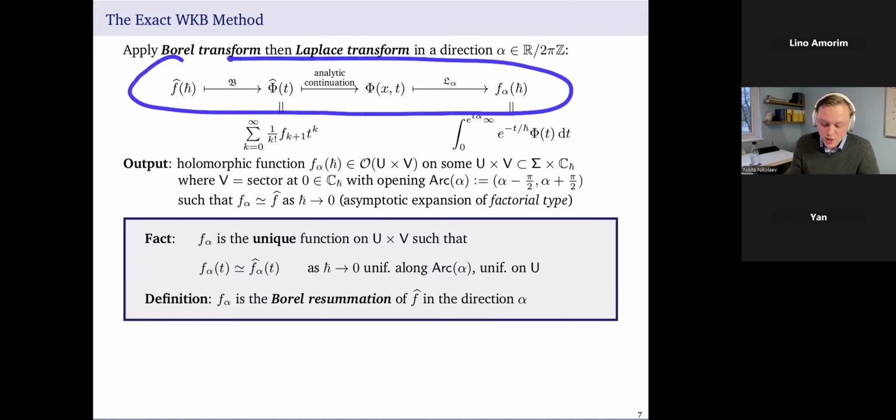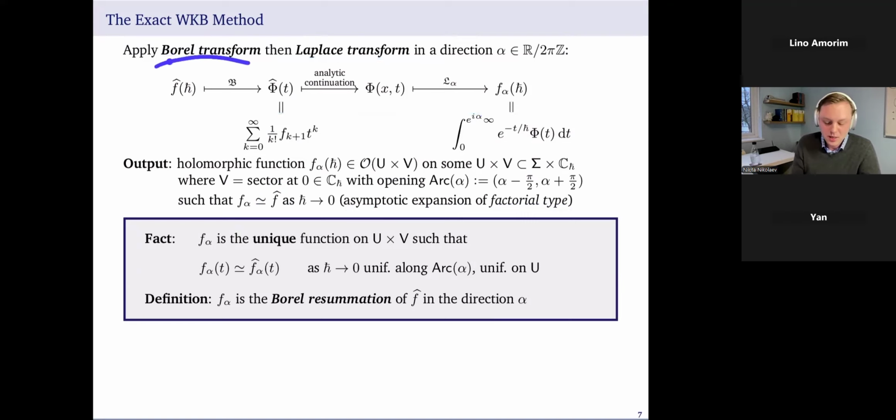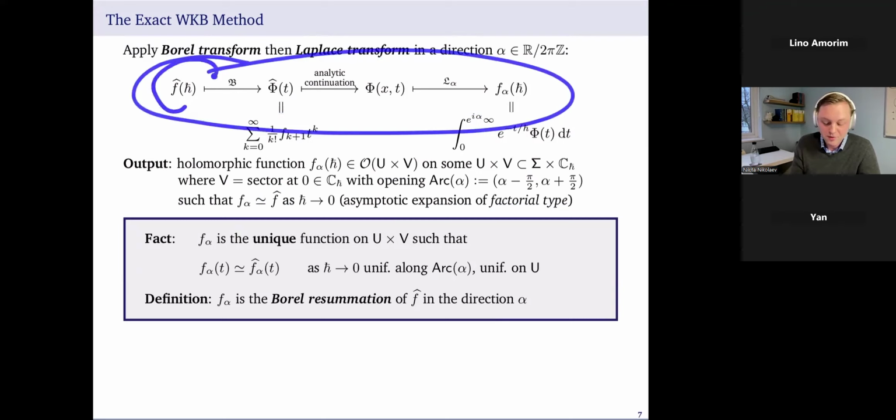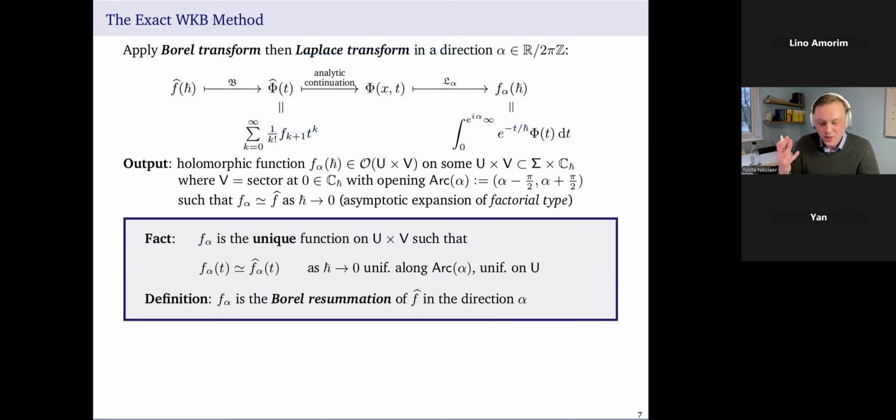But the fact is that if you succeed in this procedure, going from f hat to f alpha, the function that you get is actually the unique holomorphic function on such a domain, open set cross sectorial domain, such that this asymptotic expansion holds uniformly with respect to the angle of approach, and also uniformly in the x variable, or whatever variable on the spectral curve.